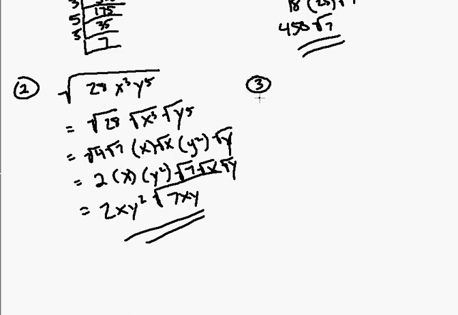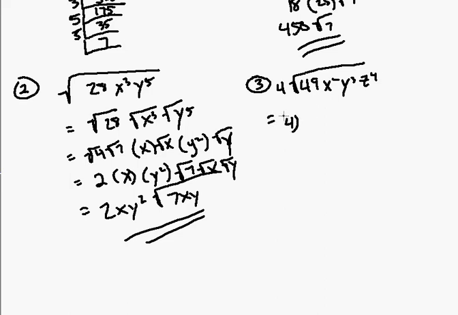Number 3, here I have 4 times the square root of 49 x squared y cubed z to the fourth.